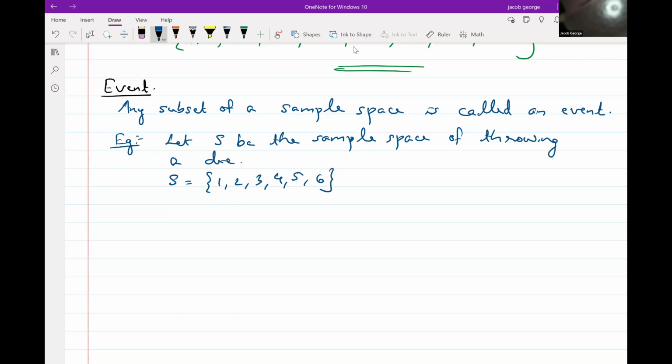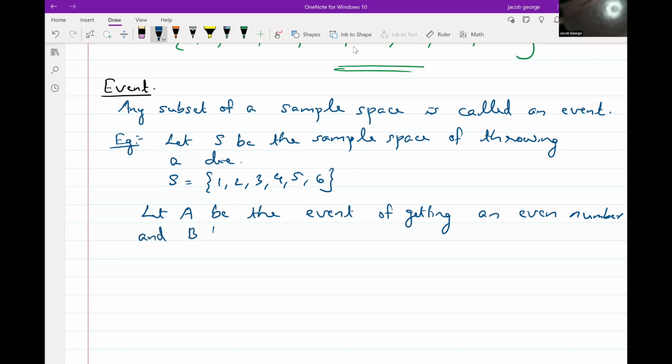Let capital A be the event of getting an even number, and capital B be the event of getting a prime number.